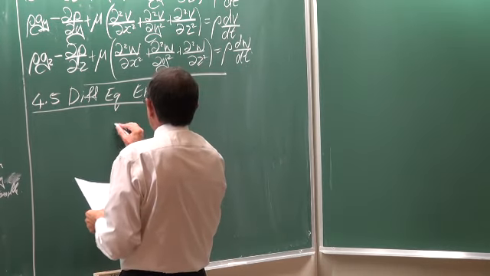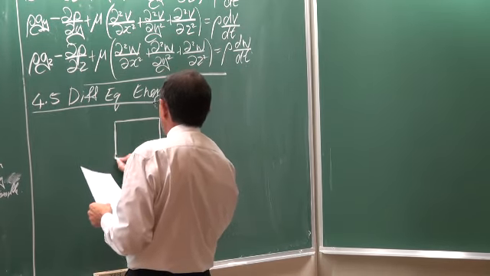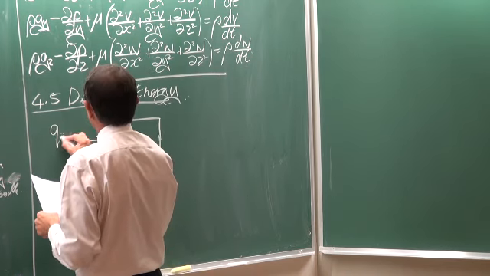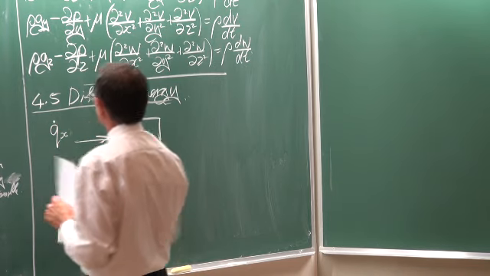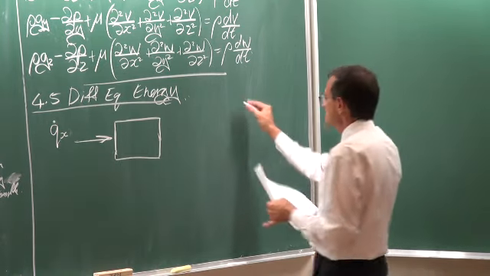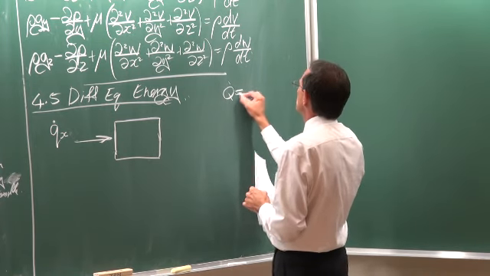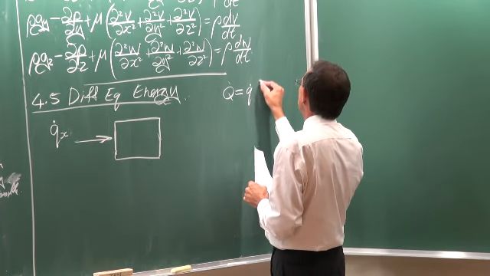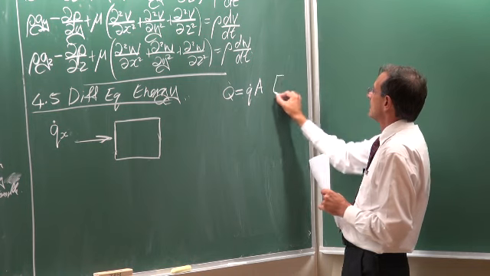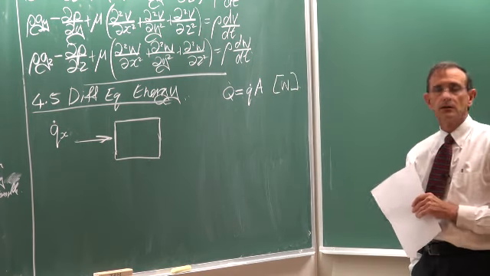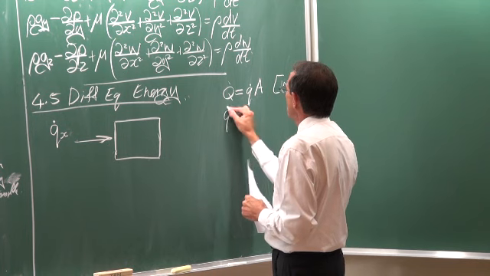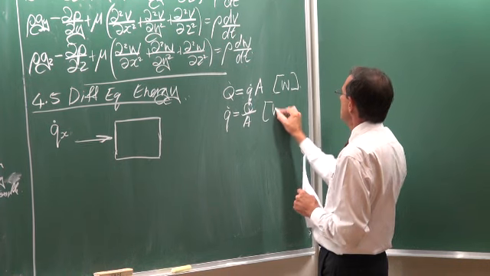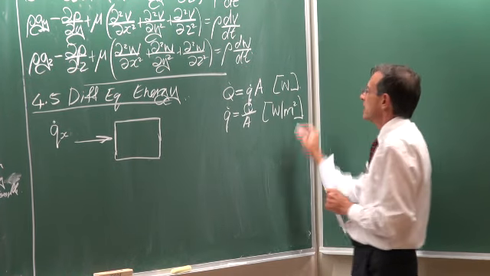Okay, so just to start with, to see where it comes from, we look at a heat flux, Qx. Okay, now what is a heat flux again? Let's just come back to the heat transfer rate, which would be equal to the heat flux multiplied by the surface area, and that would be in watts. Okay. The heat flux would be equal to the heat transfer rate divided by the area, and that would be in watts per square meter.